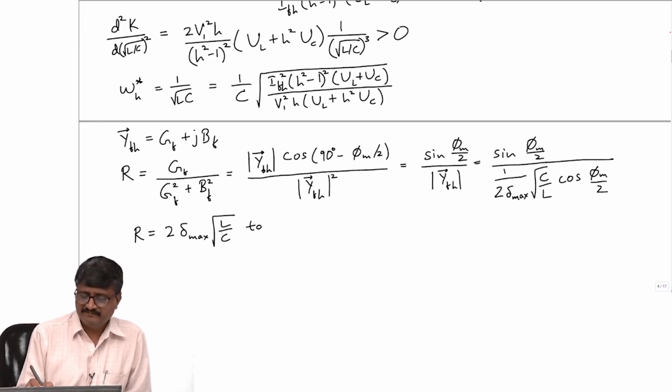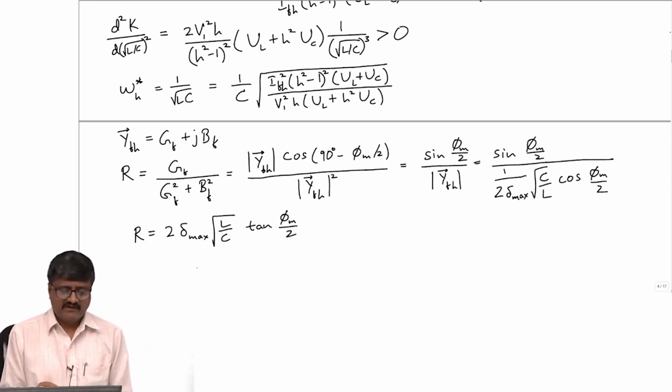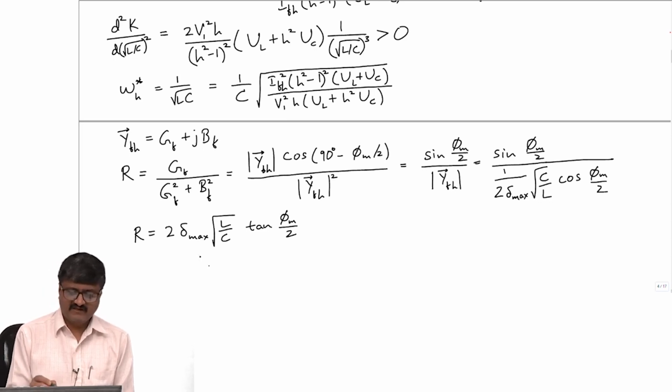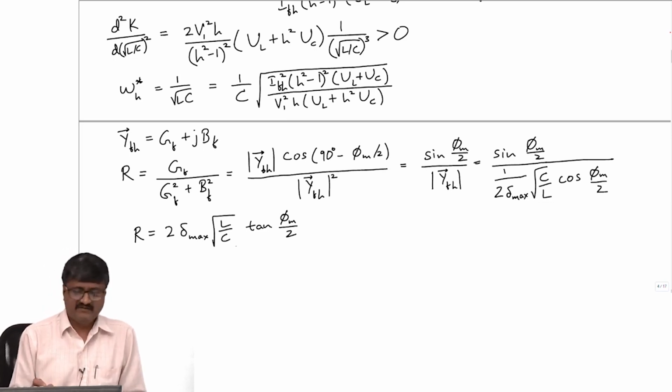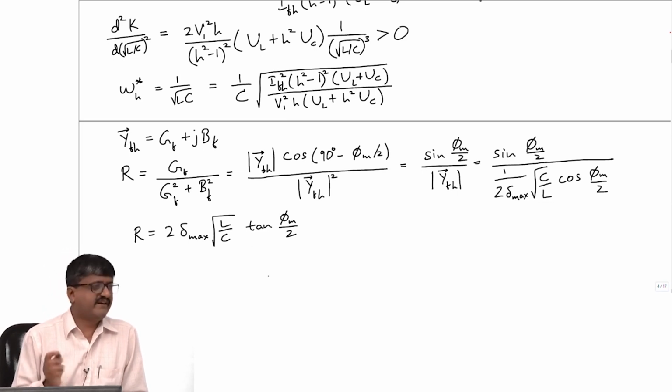Tan phi m by 2. So I know all these quantities. Delta max is known, it is the worst value of delta. L and C, we just now found how to find L and C, and phi m is given. So from that I get R.